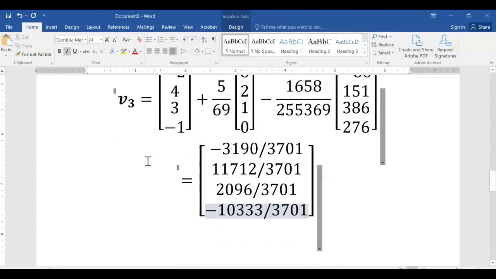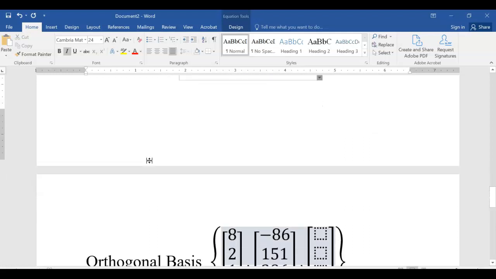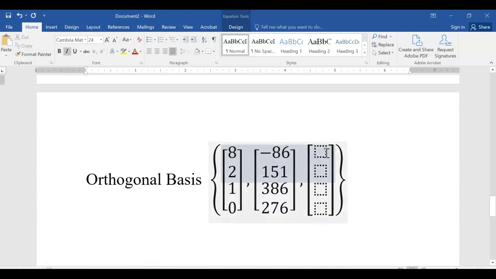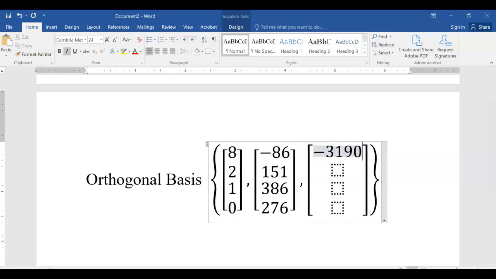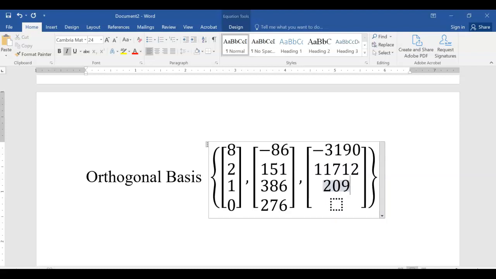Now obviously, when you plug it in to your set, you might want to use whole numbers, even though they're really big whole numbers. That's still okay. So you might go with the scalar, might multiply everything by 3701 if you'd like. Makes it just slightly better.